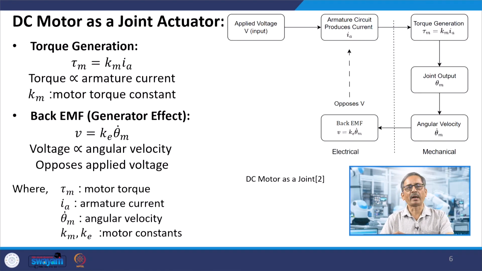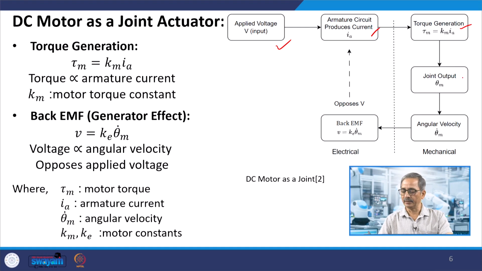Coming to the DC motor as a joint actuator, we apply a voltage to the motor, and it goes to the armature circuit and produces a current. Then we get the torque generated, which is Km times the current in the armature.